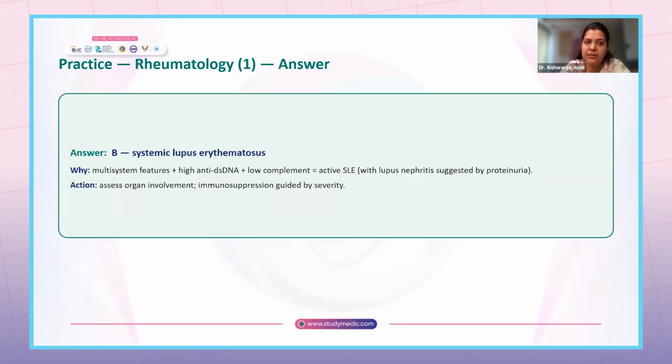There are multi-system features with high dsDNA, low complement, suggesting active SLE. Because of proteinuria, there is lupus nephritis. That is, lupus has involved the kidneys. In such cases, you assess the organ involvement and immunosuppression is required. And this immunosuppression, what drug has to be used, is guided by severity of the disease.